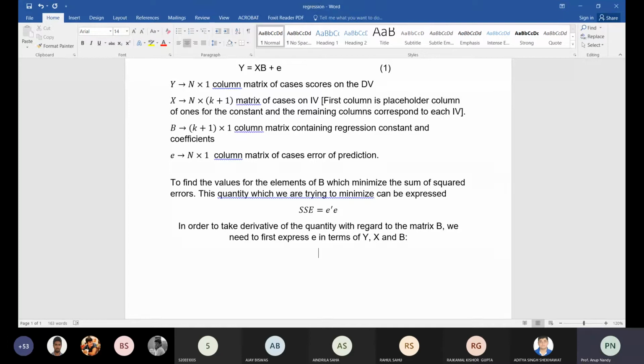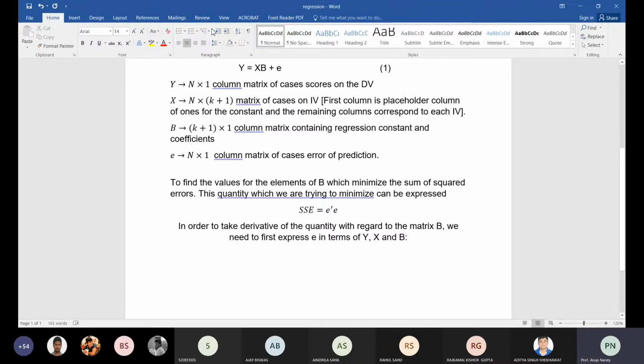In order to take the derivatives of the quantity with regard to the matrix B, we need to first express E in terms of Y, X and B. The same way that we have done for the previous expression, that is ei is equal to yi minus b naught minus b1 xi. The same way that we are expressing.